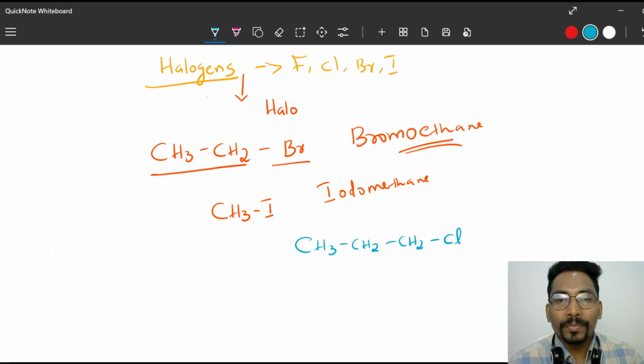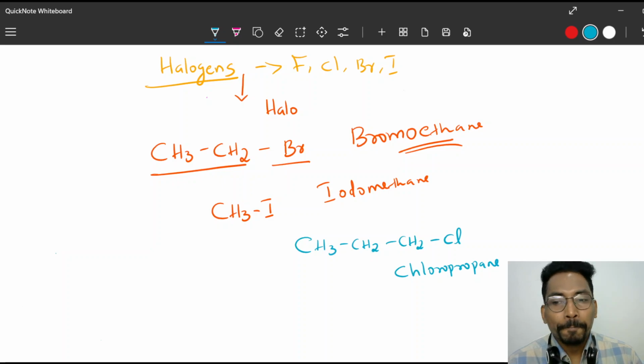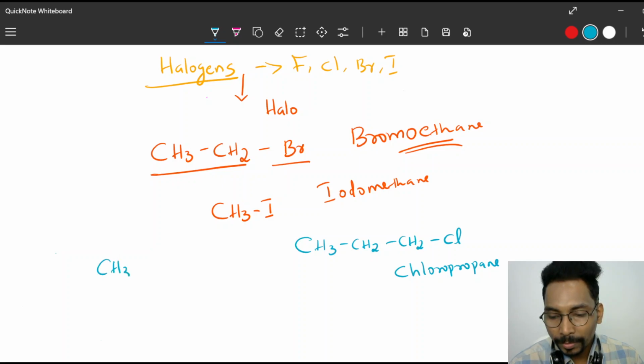This one. So chlorine is attached and 3 carbon. So chloropropane. Clear? Then next one we can do with 1 fluorine. Okay, this one.